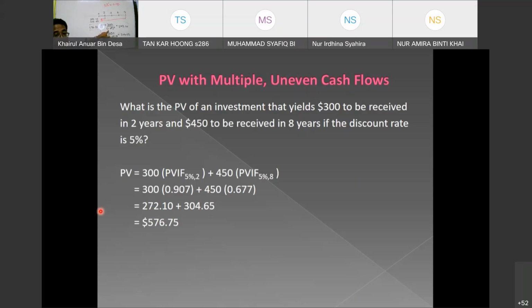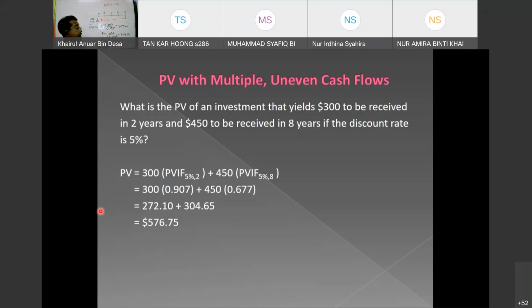Okay, 300 bahagi 1.05 kuasa 2. Mula-mula Mira buat ini dulu tau. 1.05 kuasa 2. Store dalam memory. Calculator tu ada memory kan? Mula-mula you buat 1.05 kuasa 2 dapat dia punya number.